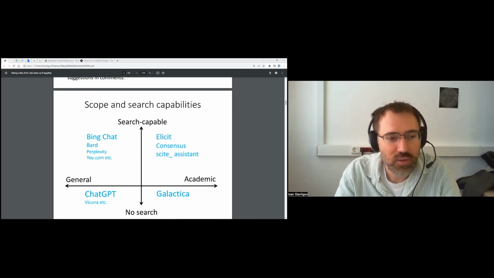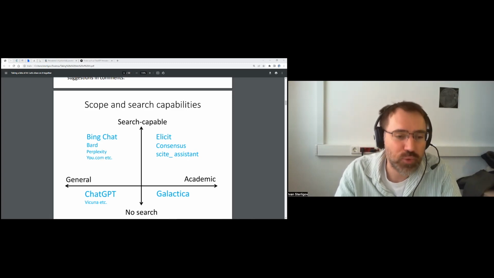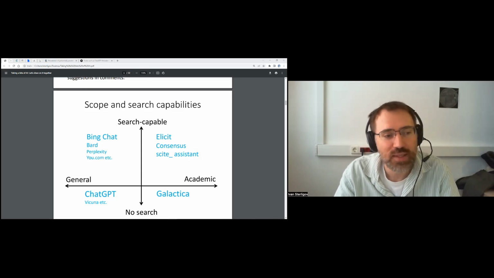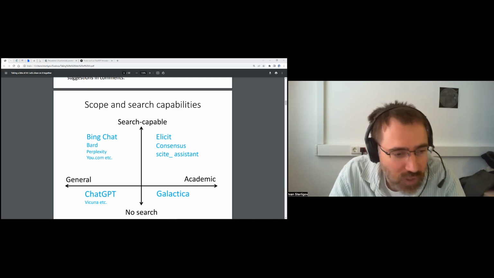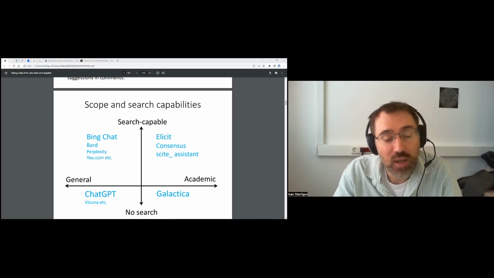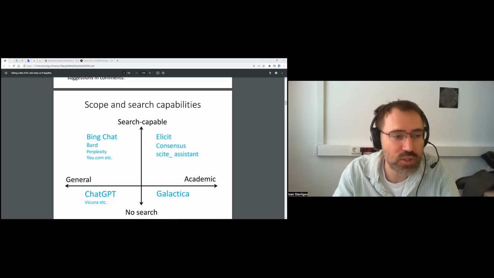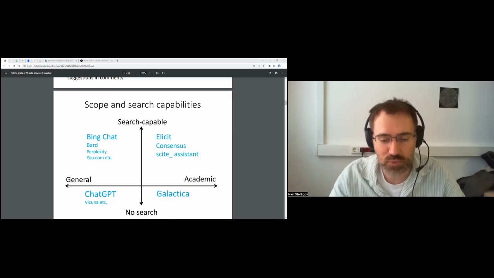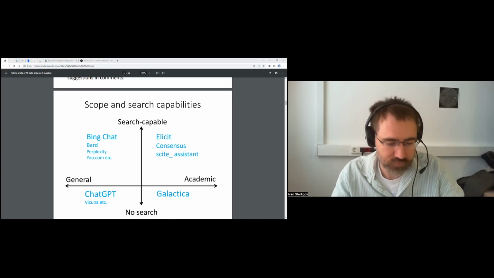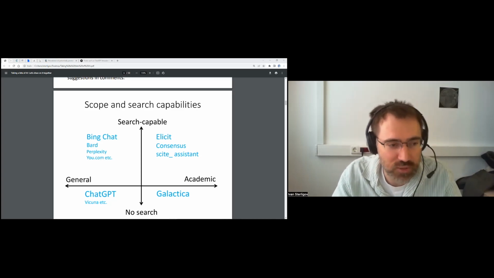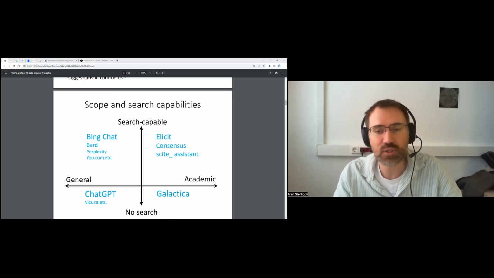Some of the other more popular tools like Bing Chat, Bard, and so on, at least popular outside Russia, are capable of searching the internet, and that's very important, especially for scholarly communication, because that allows them to look for specific papers and to cite them. That's a big pressing issue in artificial intelligence.